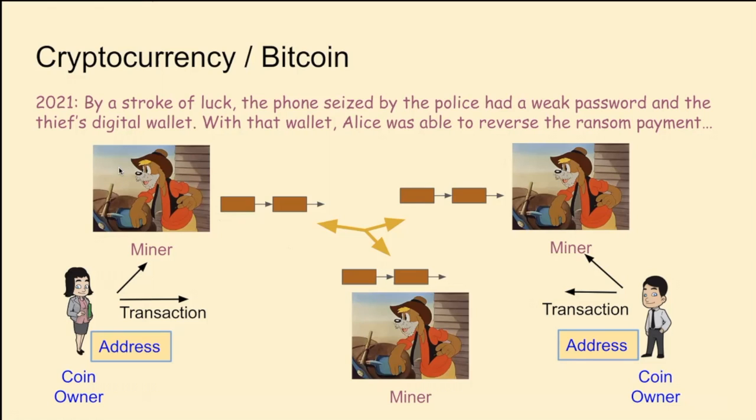So the way the Bitcoin world evolves is when a coin owner, say Alice down here, wants to make a purchase, she generates a transaction request. So she generates a request that says, "Hey, I would like to use 10,000 Bitcoins to buy these 2 pizzas, please."